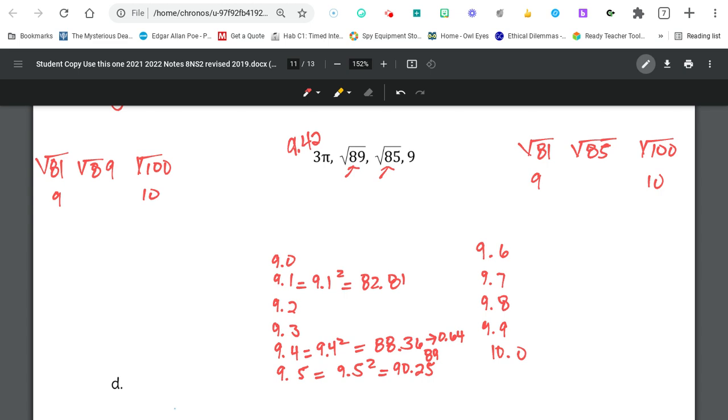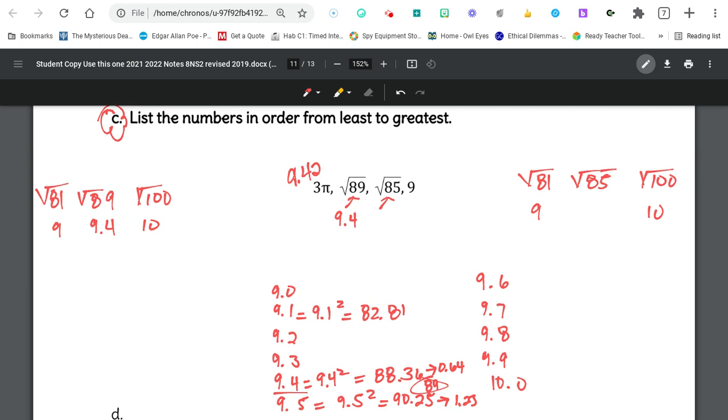So this is $1.25 away. So the square root of 89 is closest to 9.4.